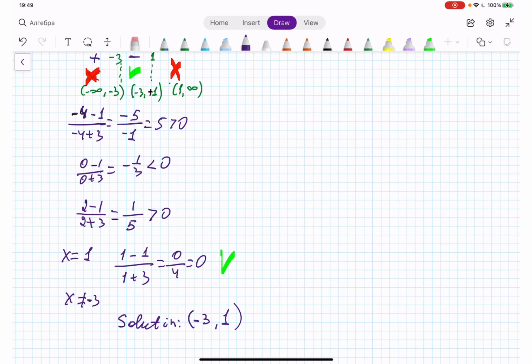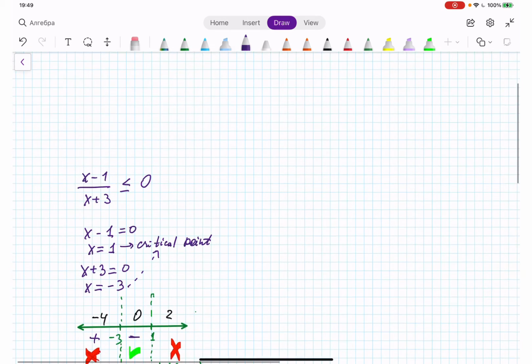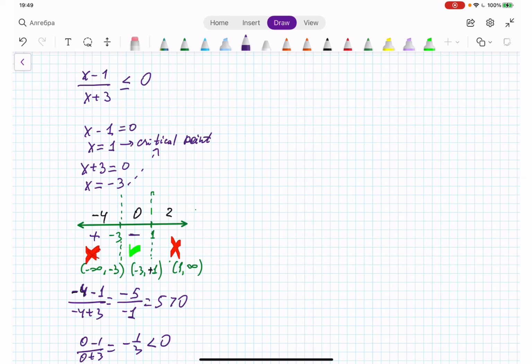Okay, let's do one more. We have 4x over x minus 6 is less than 1. Okay, what do we have?